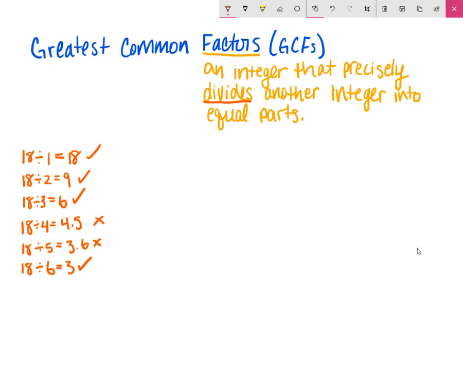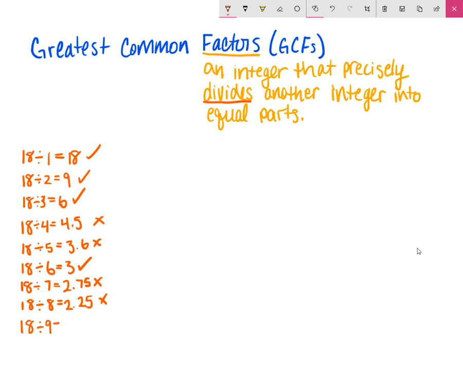We just did that. 18 divided by 7, that is 2.75. That's not a factor because it's a decimal, which is not an integer. 18 divided by 8, that is 2.25. Another one that's not an integer, which is not a factor.